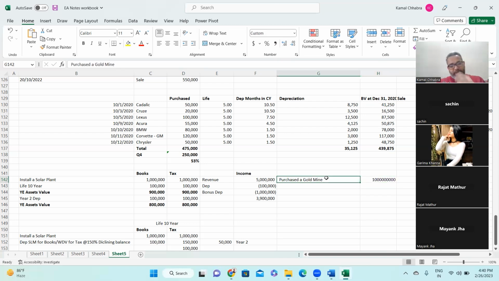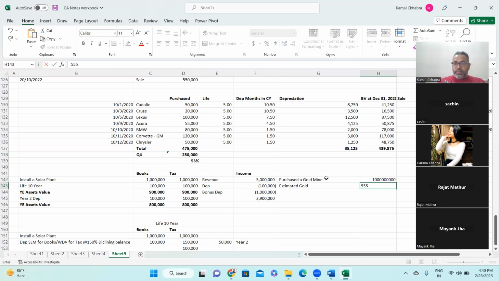In that, you are expecting estimated gold of, let's assume, 500,000 kg.